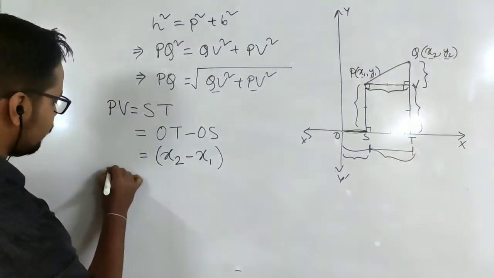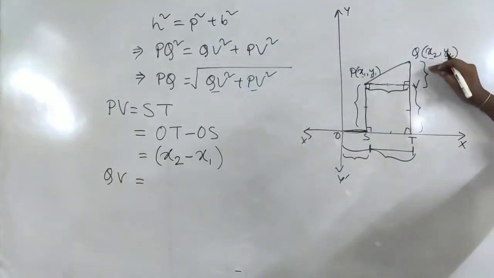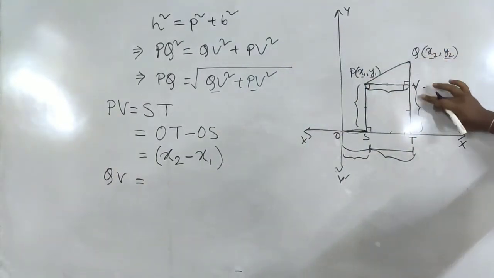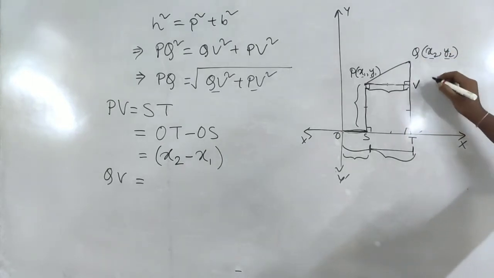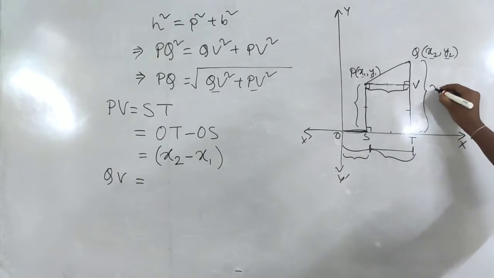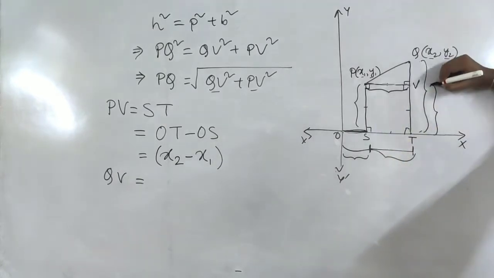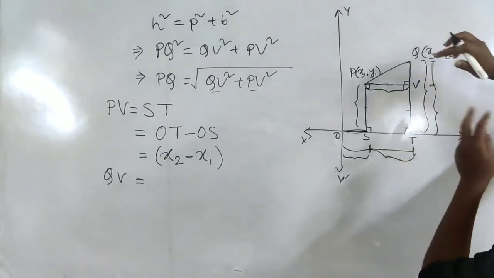Now I want to find out QV. So how to find out QV? This time we need to find out this portion, QV. In order to find out QV, if I take the whole of QT and subtract VT from this, what I am left with is only this portion. So let's try to find out the value of QT.